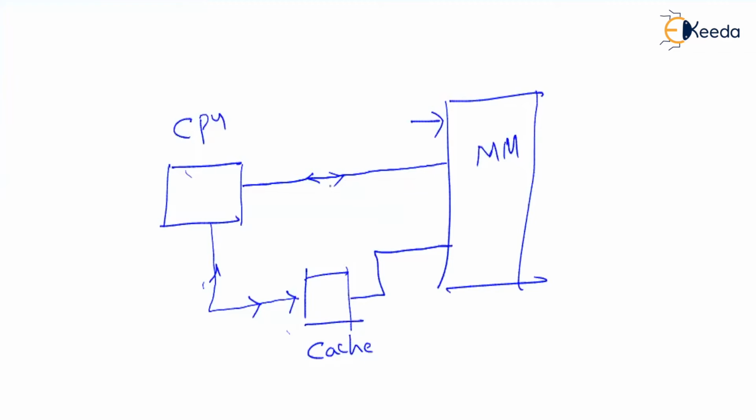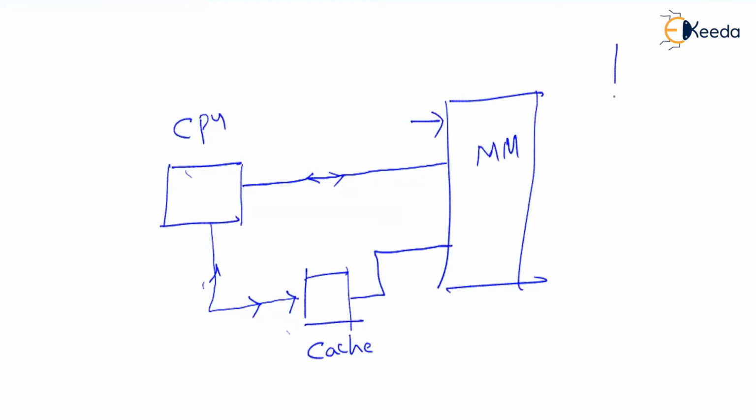At this time, the corresponding data element will also be transferred to the cache memory. Why? Because the data element which is accessed currently can also be accessed in the near future. This is the primary implementation logic of the cache memory. Now, this is how the cache will be accessed.